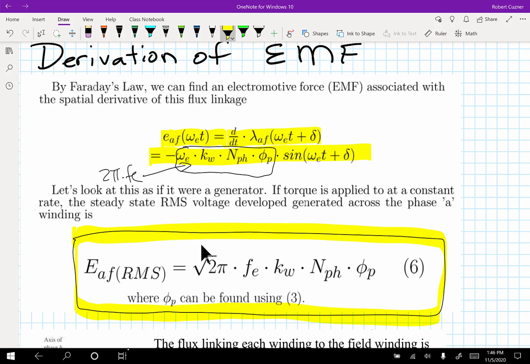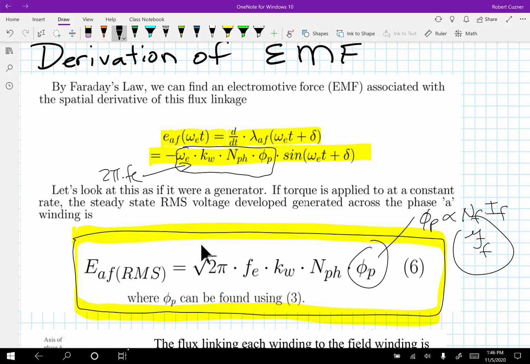If you know, for example, the flux per pole, you can find this EMF. Recall that this flux per pole is also proportional to the field winding turns and the field winding current, or the field MMF.